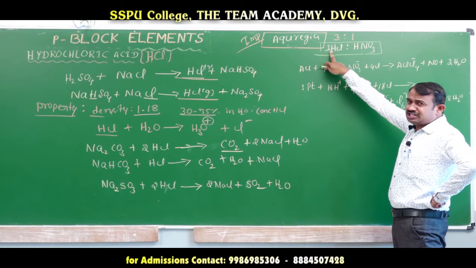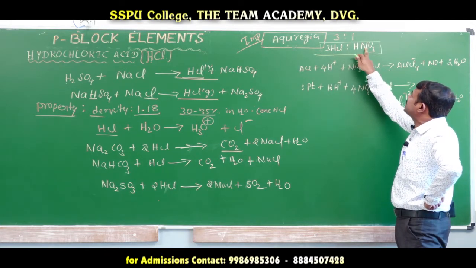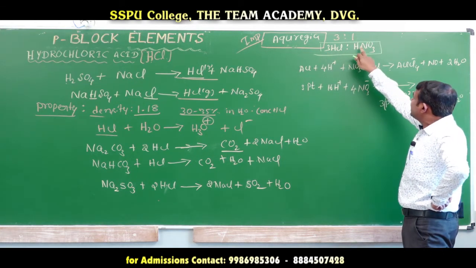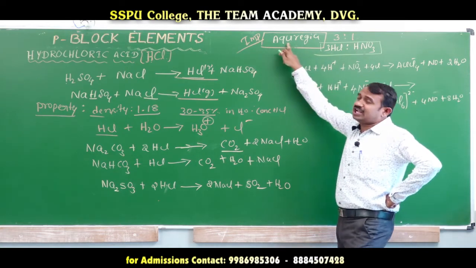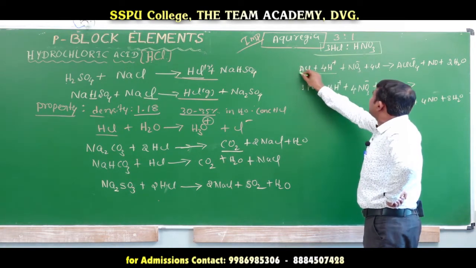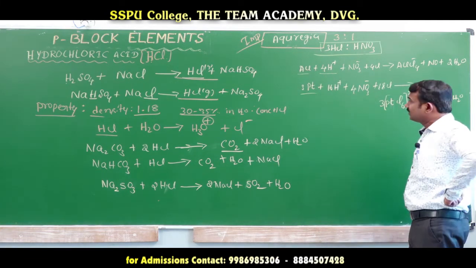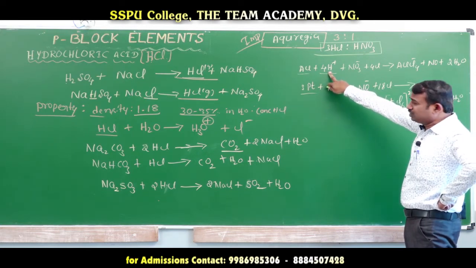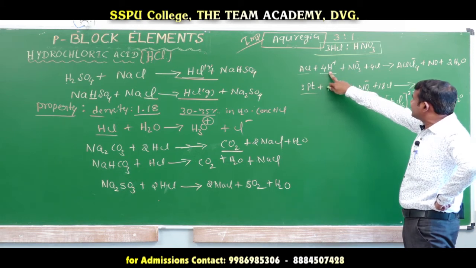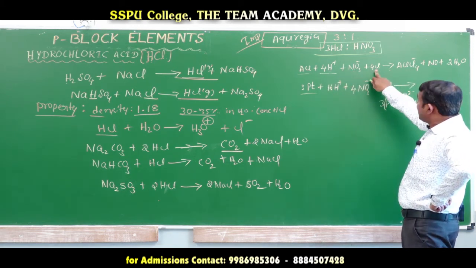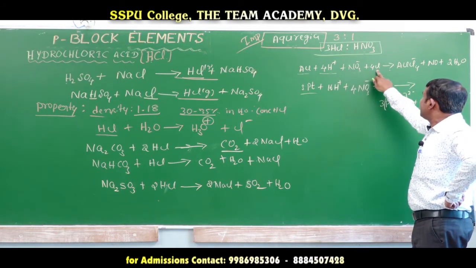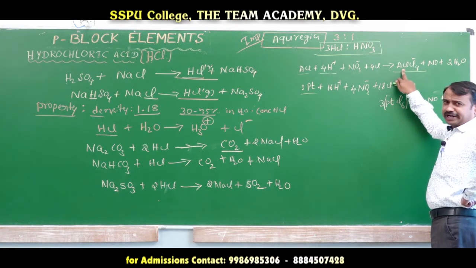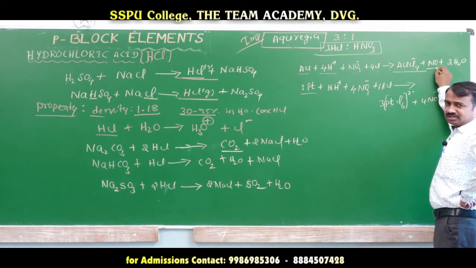Aqua regia is a mixture of 1:3, HNO3 and HCl, or 3:1 HCl and HNO3. 3 moles of hydrochloric acid and 1 mole of concentrated nitric acid is called aqua regia. In the extraction of platinum and gold, gold reacts with both nitric acid and hydrochloric acid to release tetrachloroaurate salt, nitrogen and water molecules.